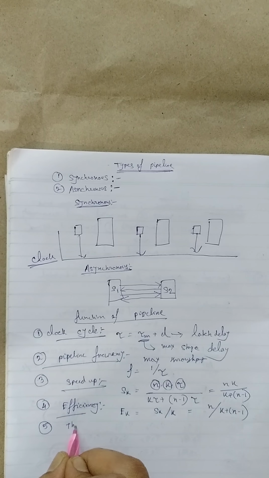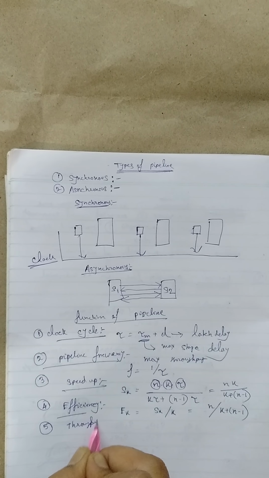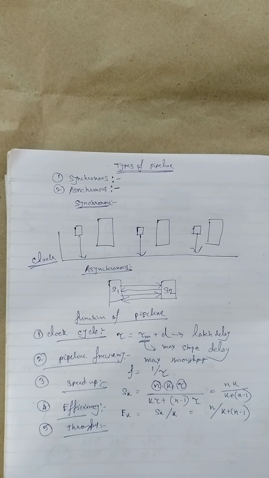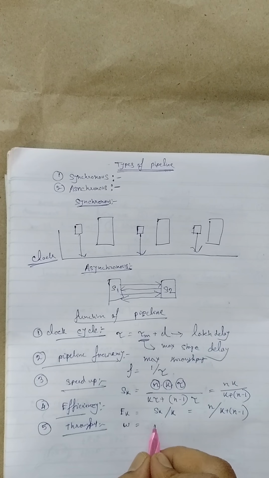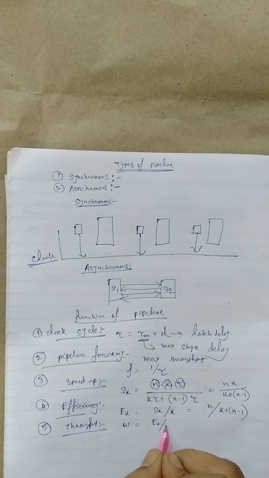Next, what is throughput? Throughput can be defined as the number of tasks completed per time unit by a pipeline processor. It is denoted as W. W means Ek by tau, that means efficiency by clock period.